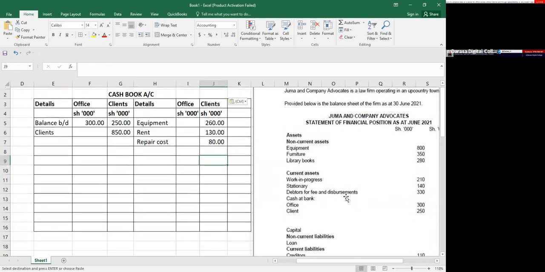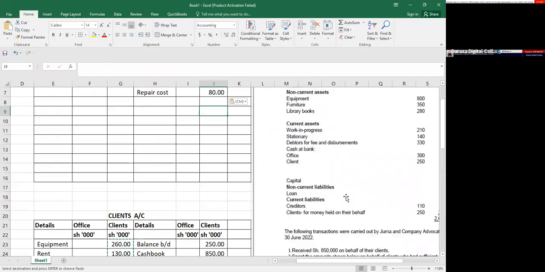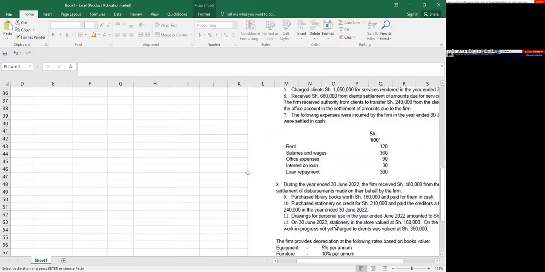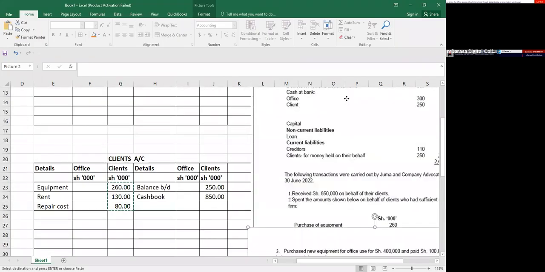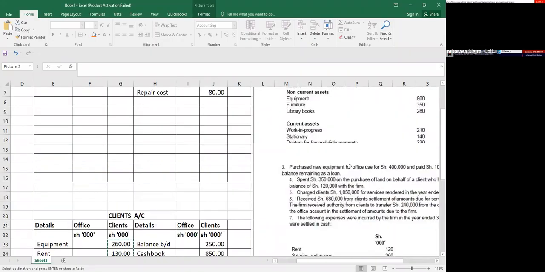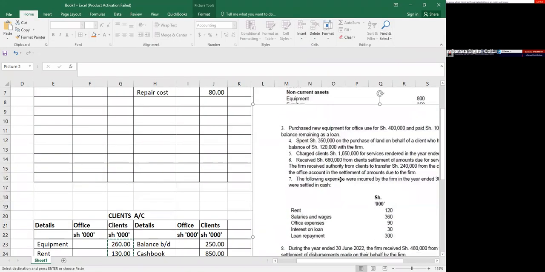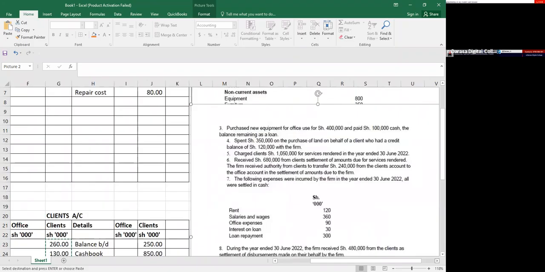We proceed to the next note here, note number 3. Note number 3, these are what you're told that purchase new equipment for office use for 400 and paid 100 cash, the balance as a loan.